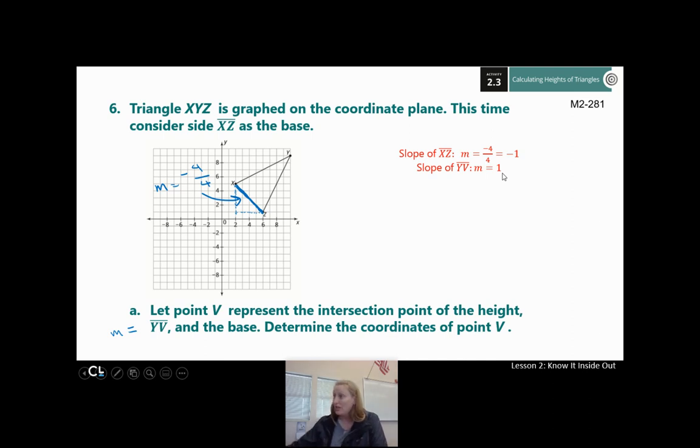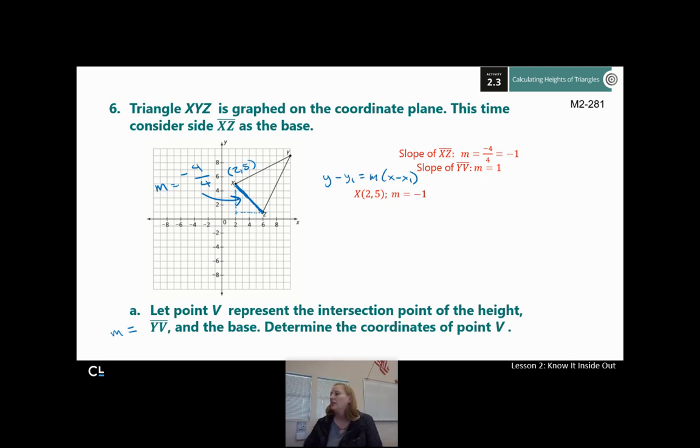Now, we also said we could write an equation given a point and a slope. So we know X is at (2, 5). We know the slope of that base is -1. So I'm going to use those to write my equation. Remember, y minus the y coordinate equals my slope times x minus the x coordinate.